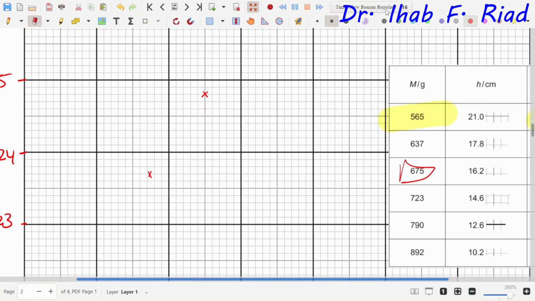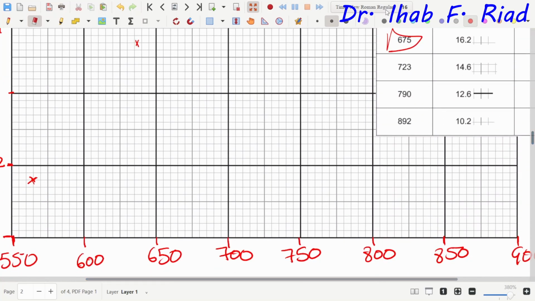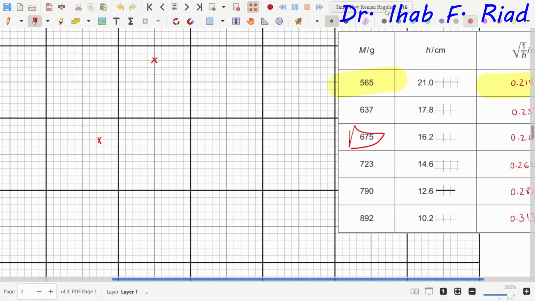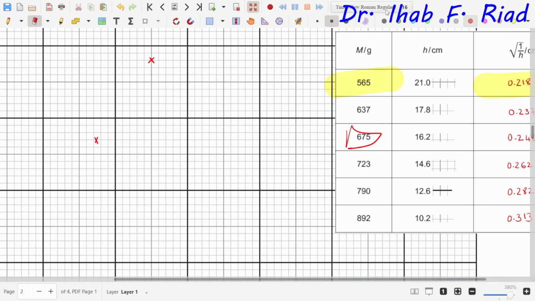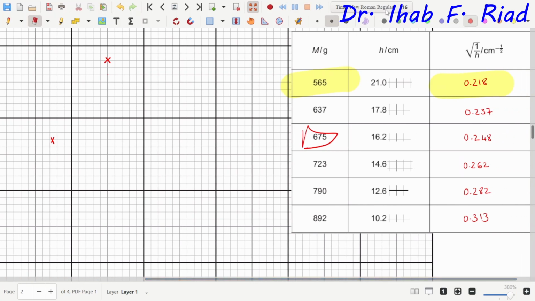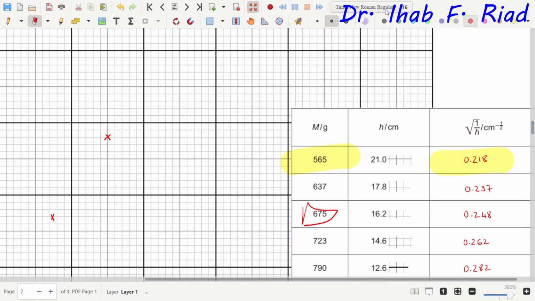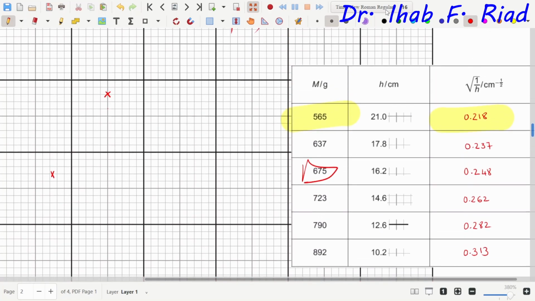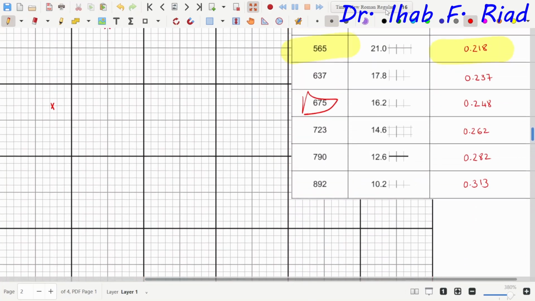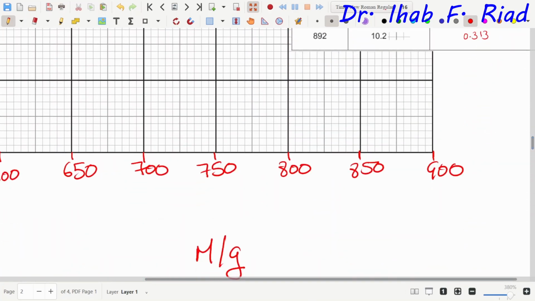Okay, what about the other point? 723 and 0.262. 723 and 0.262. So we know it is going to be, this is the 700 mark.